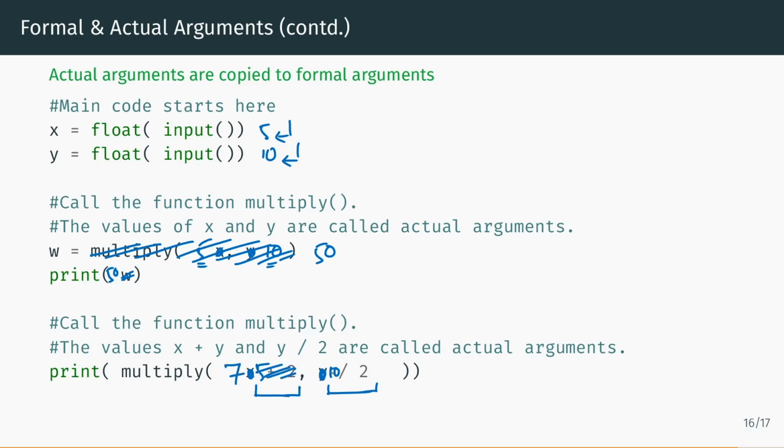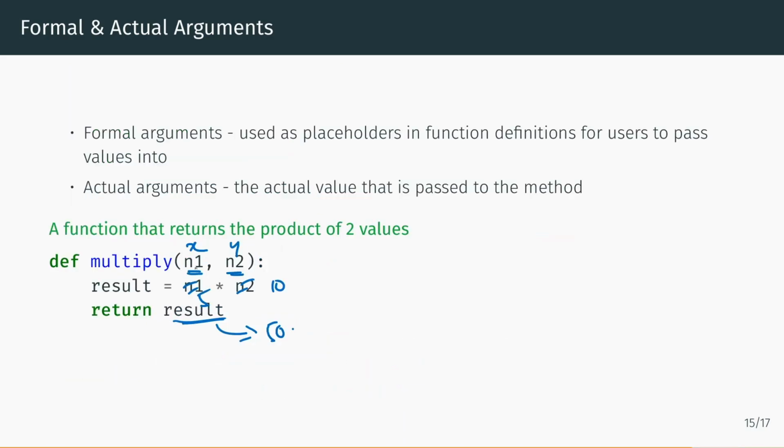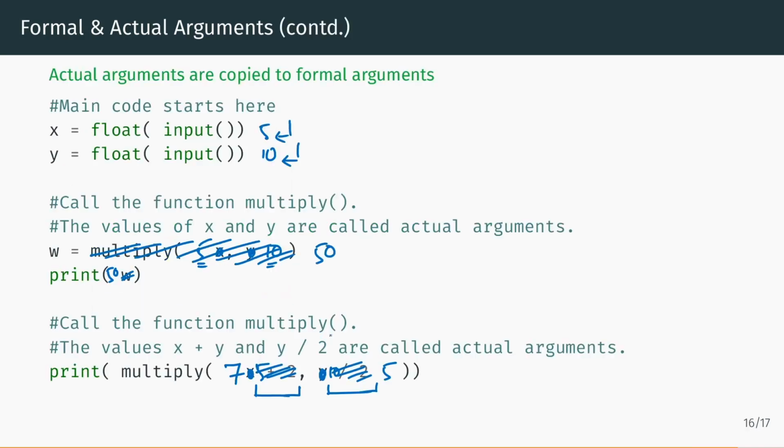And 10 over 2 is 5, so it will replace that with 5. Then it will call multiply 7 comma 5, where n1 will have the value 7 and n2 will have the value 5, and the result would be 35. And that's what this would be replaced with.